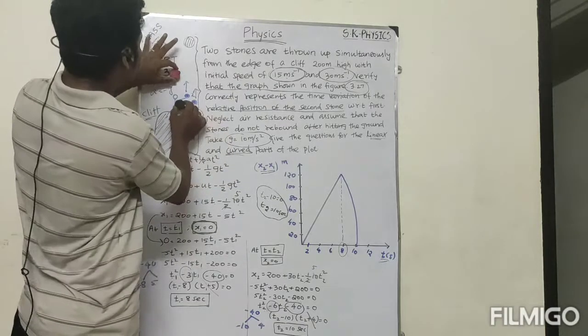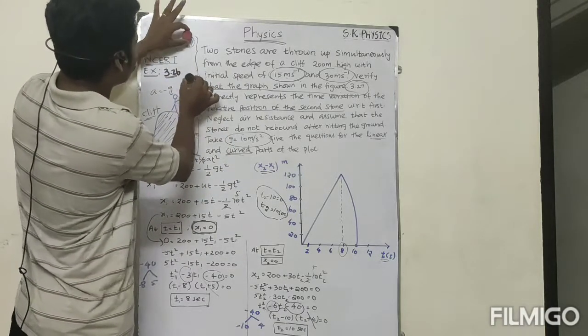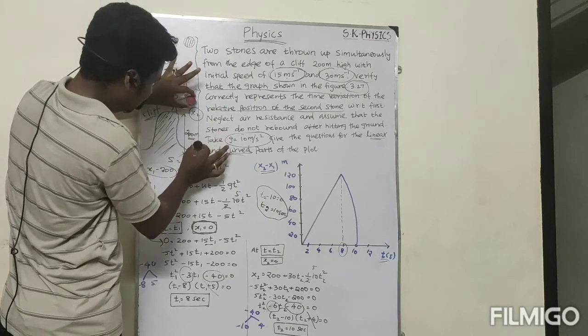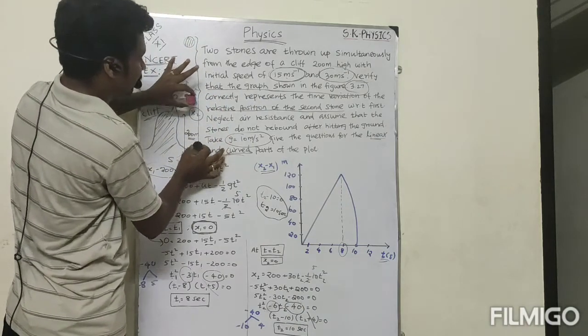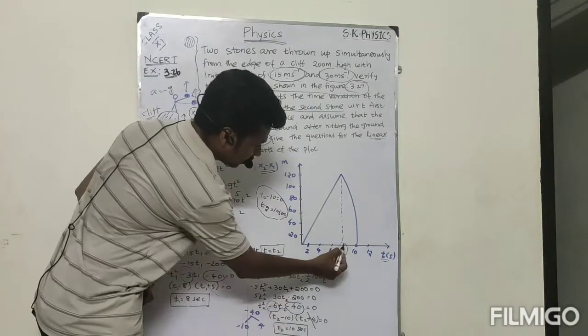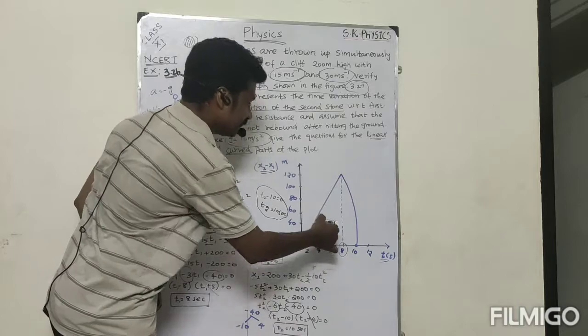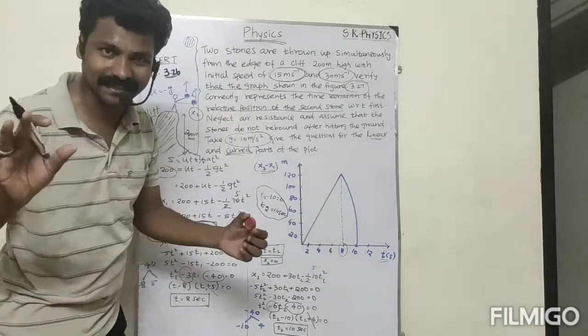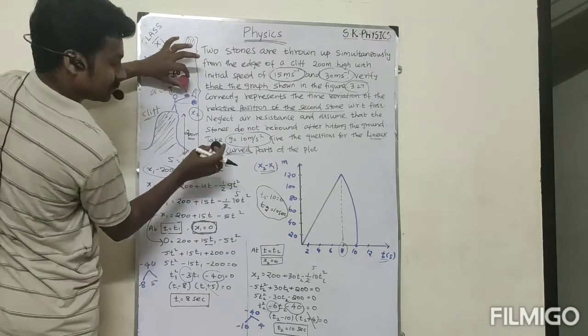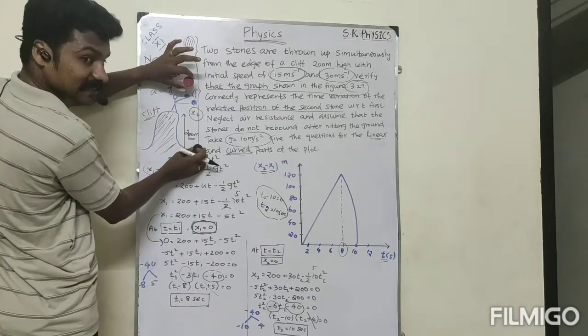So initially both will travel. While both travel, up to reaching the ground, the black coin falls in a straight line. See that? Up to the 8 seconds, they fall in a straight line. Understand? Then after the 8 seconds, this black coin reaches the ground.